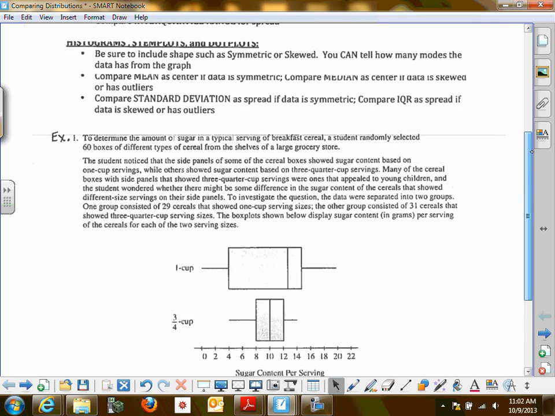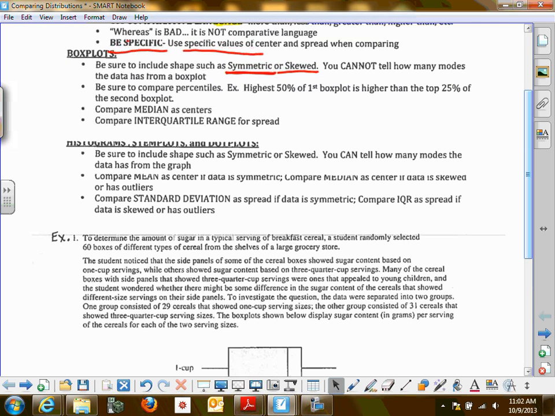Now, histograms, stem plots, and dot plots. By the way, on box plots, you only talk about the median and the IQR. You don't do mean and standard deviation on box plots. But on histograms, stem plots and dot plots, you would prefer using the mean and standard deviation if you have that ability. However, only use mean and standard deviation if you can verify that the data is symmetric.